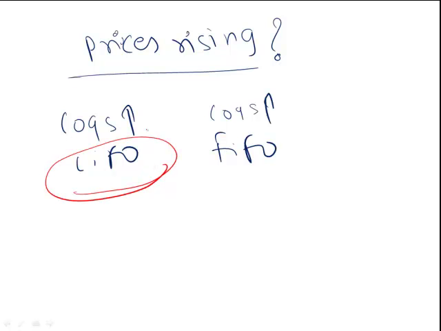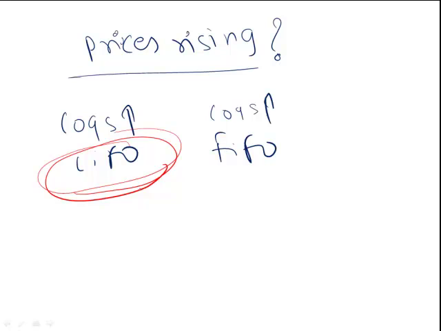Why? Because in LIFO, the ones which I acquired last go into the COGS, and since these are the ones which have been acquired at a higher price, I can safely say that in case of rising prices, that means in case of an inflationary scenario, the LIFO COGS is always higher than the FIFO COGS. But the quantities are different. What if the quantities are different?